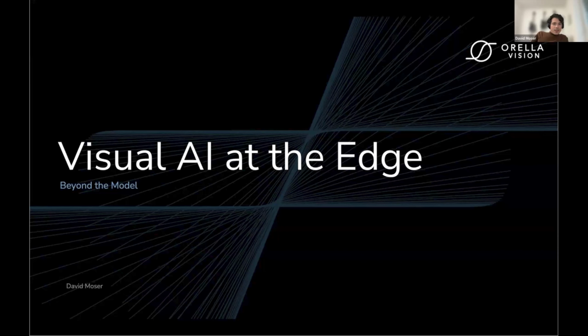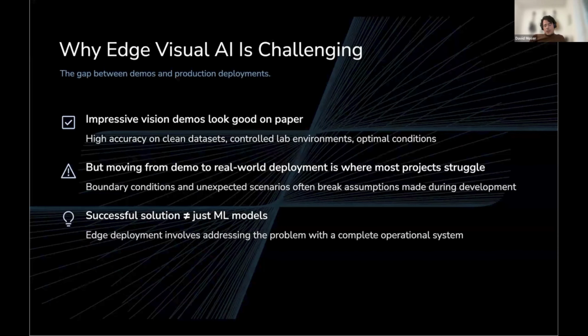So let's go. Nowadays, creating impressive demos, I have the impression, becomes easier, especially because there are so many powerful frameworks, like Ultralytics or Roboflow, which just require a couple of clicks or one line of code to train a model.